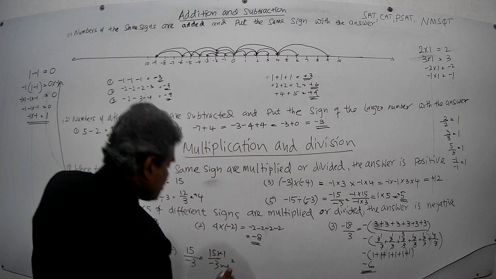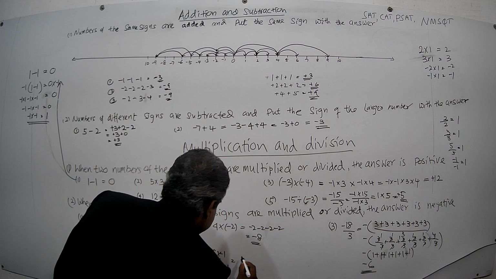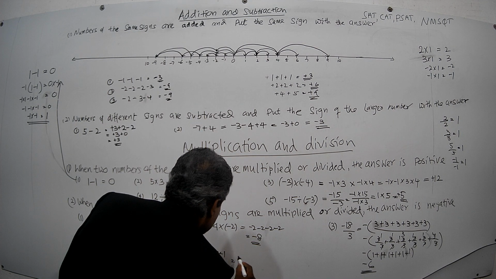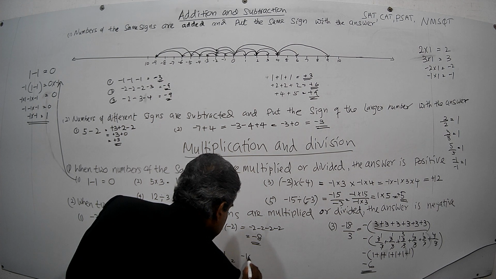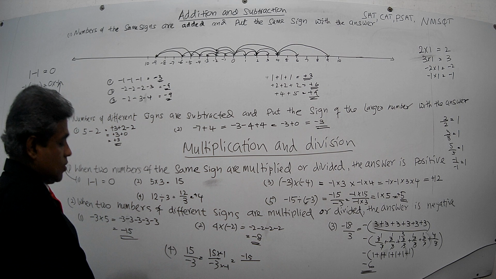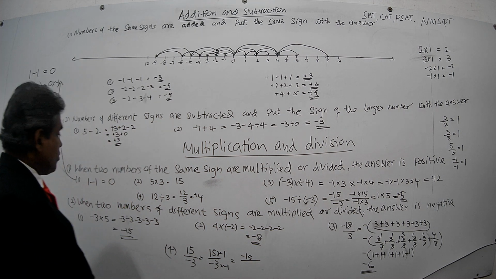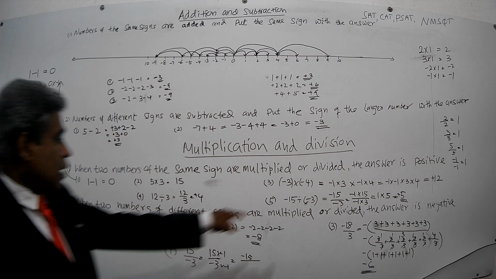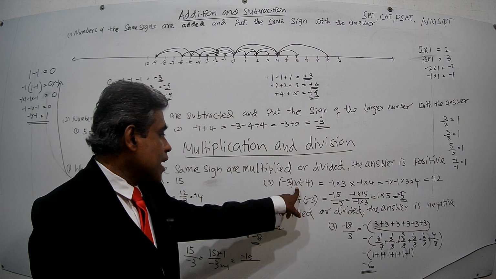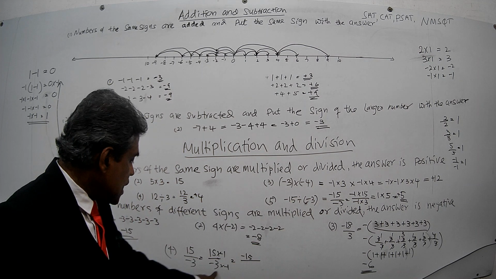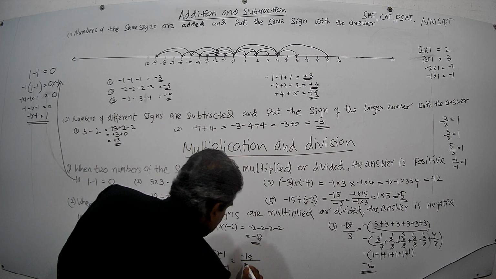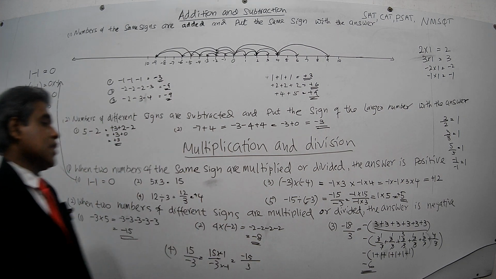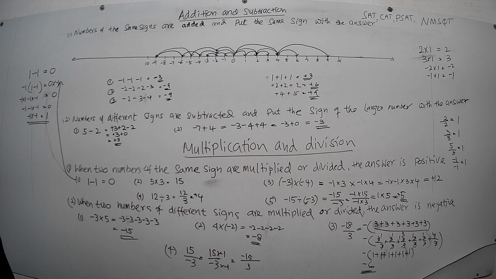For the bottom, minus 3 times minus 1 gives plus 3, from the multiplication rule, because two numbers of the same sign multiplied give a positive answer.